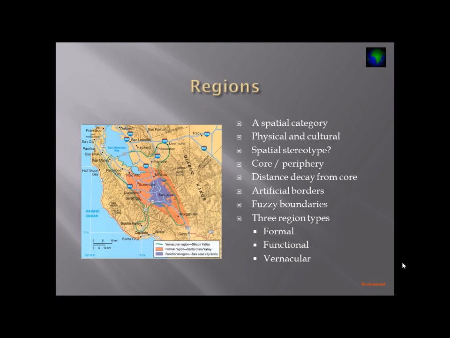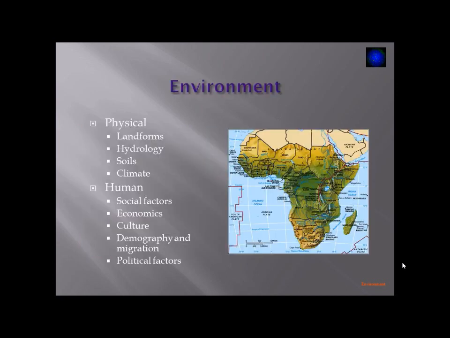There are three regional types, a formal, a functional, and a vernacular. We'll go over them now. A formal region is a region that's made up by physical and cultural characteristics that the researcher has in mind and they want to study.